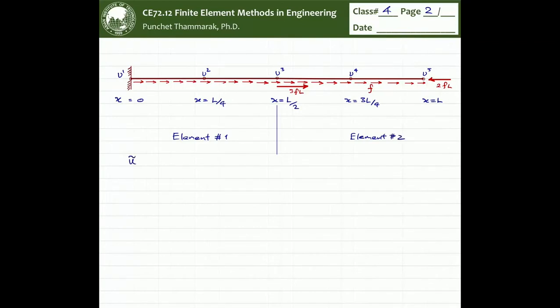So the displacement approximation within element number 1 is equal to u1 phi1 plus u2 phi2 plus u3 phi3, whereas this approximation is equal to u3 phi3 plus u4 phi4 plus u5 phi5, this way.